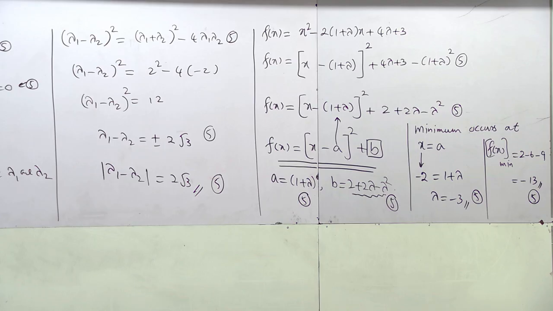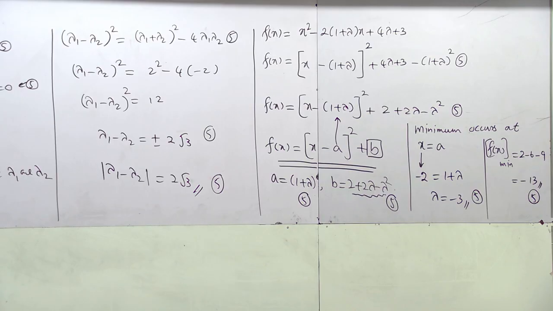Okay, question number 2. Show that the remainder when the polynomial f(x) is divided by x minus a is f(a).